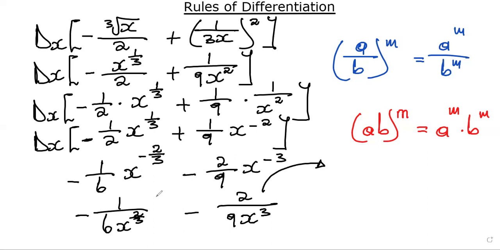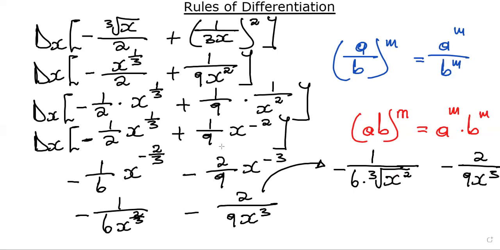And to write the final answer, we know that our m is 2 and our n is 3. So we'll just say it's -1 over 6 times the cube root of x squared. And of course, we still have -2 over 9x cubed. And this is the derivative of our function. Over and out.